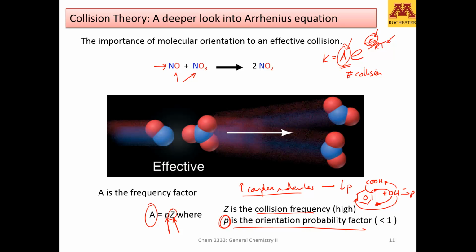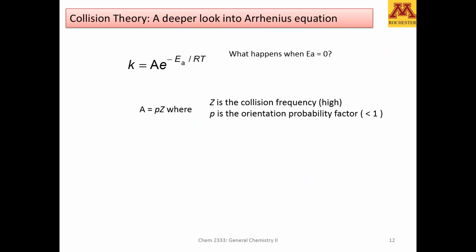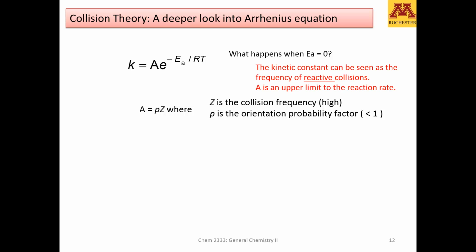This will all be factored in to this pre-exponent factor, which we will say is characteristic of the reaction and more or less constant with temperature. We know that it's not exactly constant, it depends on the square root of temperature, but we're going to consider it constant. This is how we are going to interpret that.